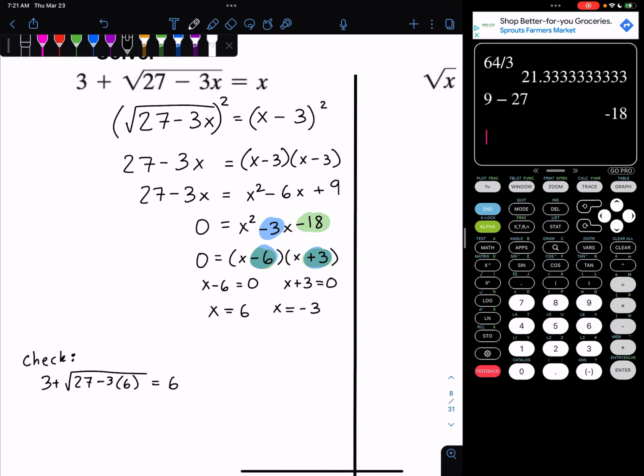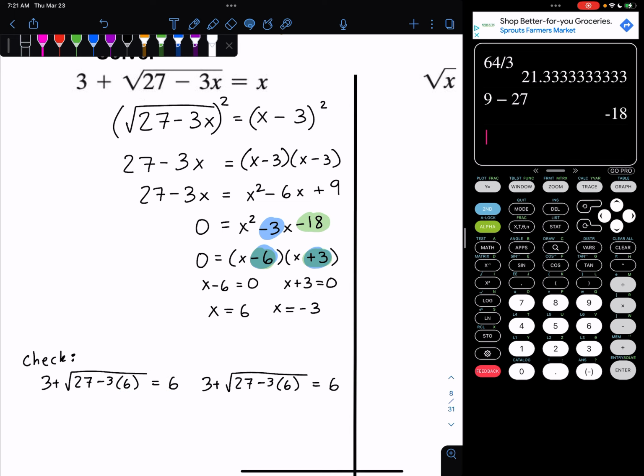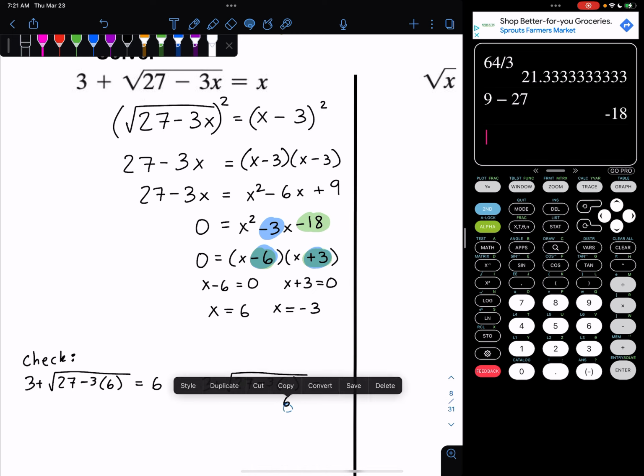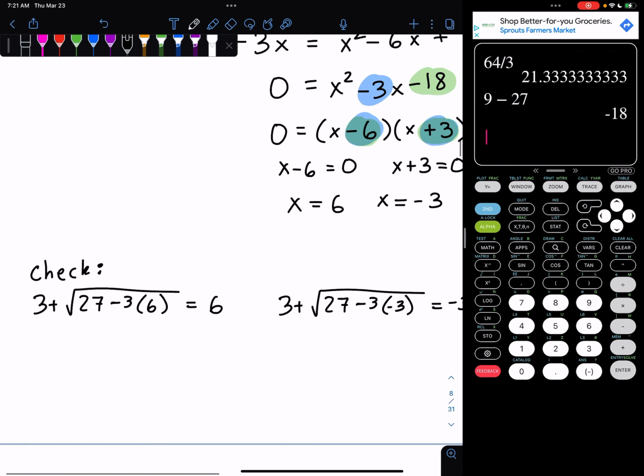So there's the first one, and then I'm going to go ahead and duplicate this to make the second one. And the second one, the only difference is instead of it being a 6, it's going to be a negative 3 there. And a negative 3 there, I believe. Okay, so let's check this.